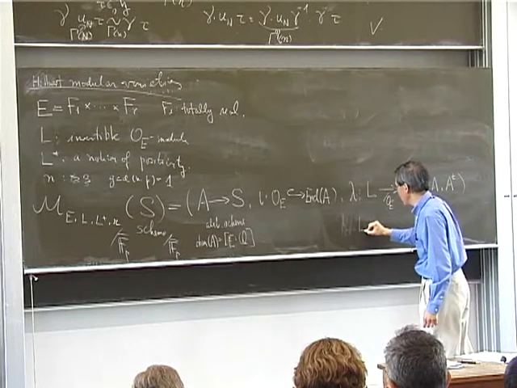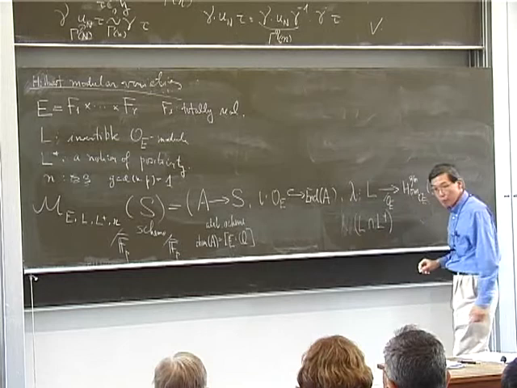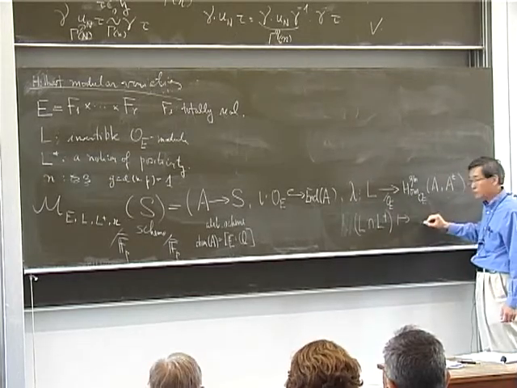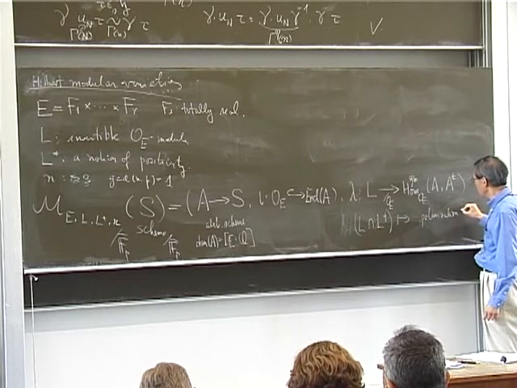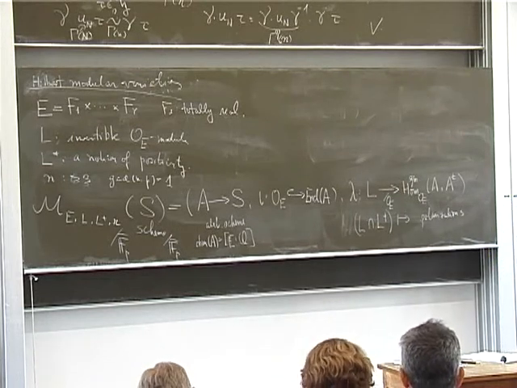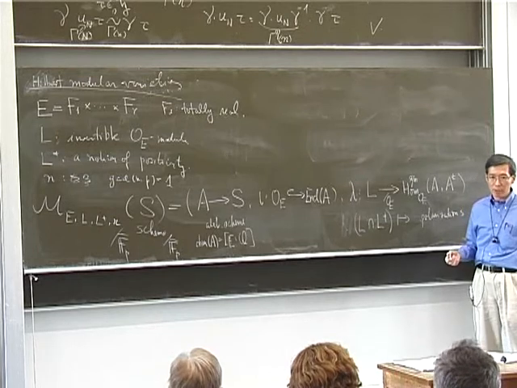And you want that L intersect the positive elements get mapped to polarizations, that is, locally in the flat topology, induced by ample invertible sheaves.